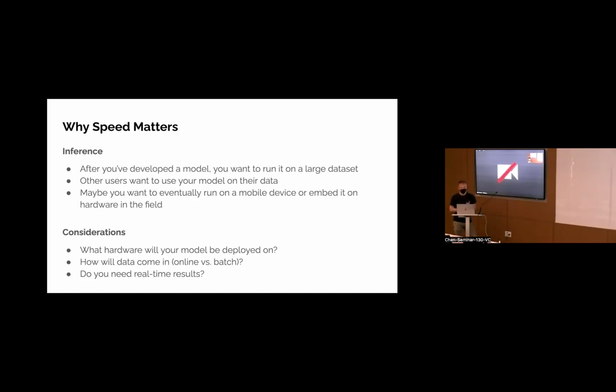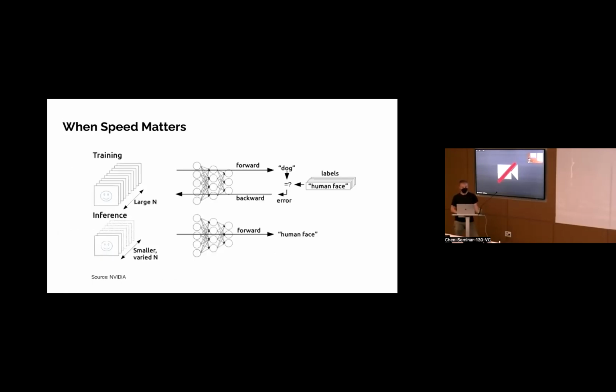And this is going to be hardware dependent as well. It's going to be dependent on whether you can process a big batch of data all at once, or whether you're just going to get one frame of video at a time, and whether or not your end user cares about real-time results. And then looking back at this diagram, there's really 3 stages here that we can talk about optimizing for speed.